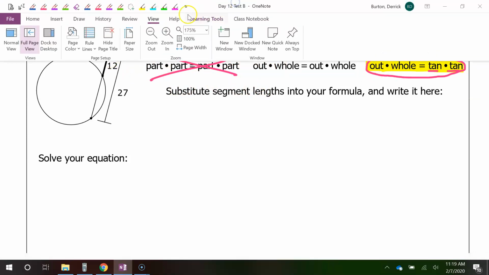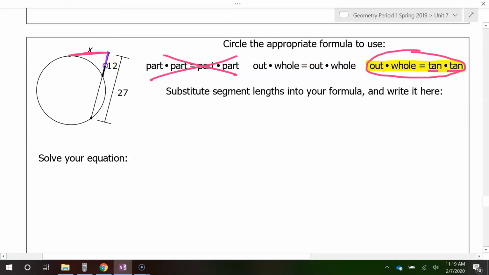Let's start off with the 12. The 12 is definitely the outside part. Now, the whole is going to be the 27 that they nicely marked for us. So it'll be 12 times 27, because that's the outside part times the whole.